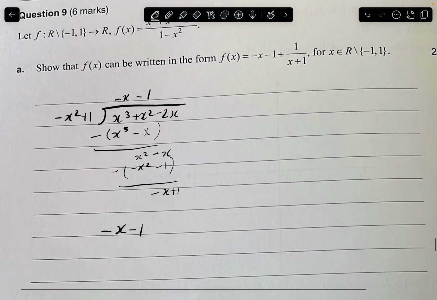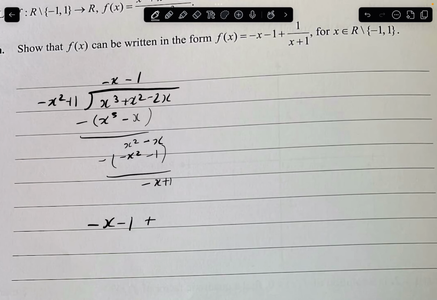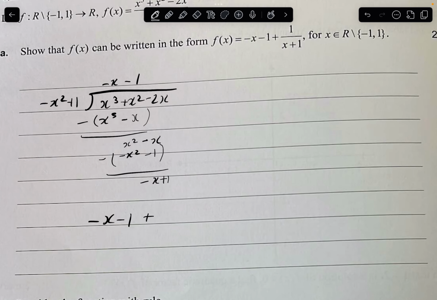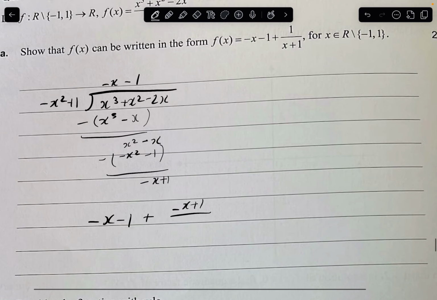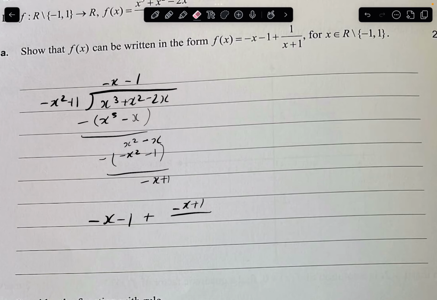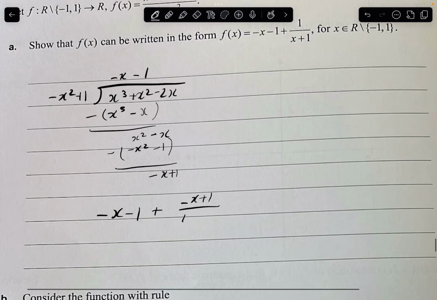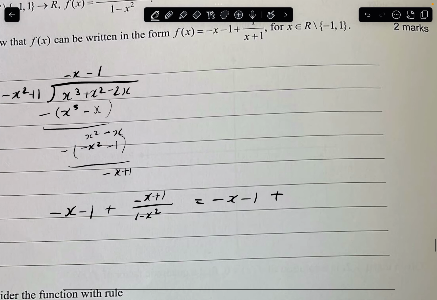And then plus this negative x plus 1 over 1 minus x squared, which is equal to negative x minus 1 plus negative x plus 1 over 1 plus x, 1 minus x.